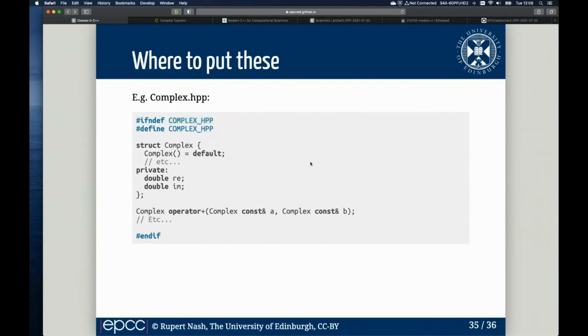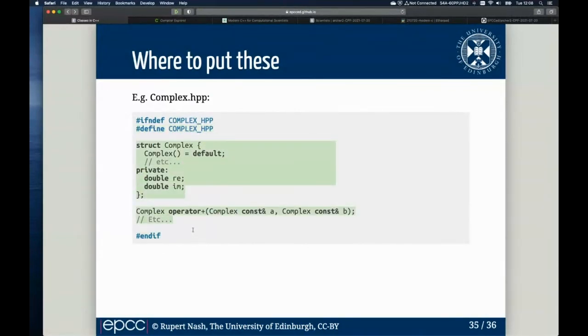So if your project is called foo and in the directory stuff, and the file is called complex.hpp, you might well call it foo_stuff_complex_hpp, because you have to take some serious care that it is globally unique within the compilation. Okay, so then if it's not defined, immediately define it.